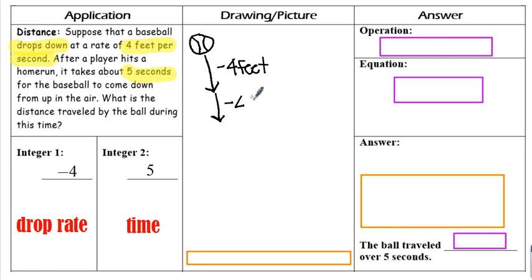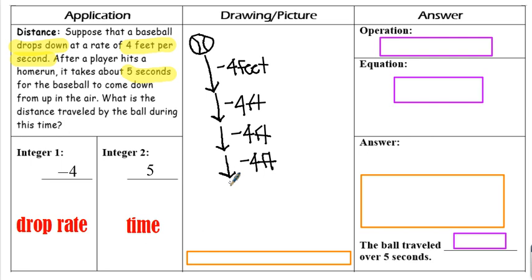That's another 4 feet. So far it's 2 seconds, we're falling down for 5 seconds. So another second passed, and we dropped another 4 feet. And then we dropped another second, that's 4 seconds, we dropped another 4 feet.